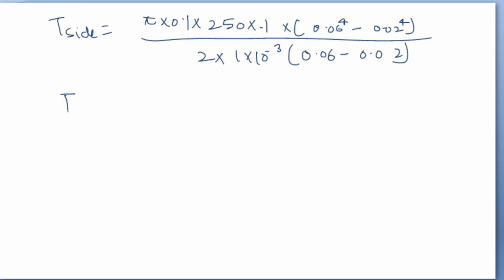So this side torque is 1.265 Newton meter. So we have calculated the torque on 3 surfaces.